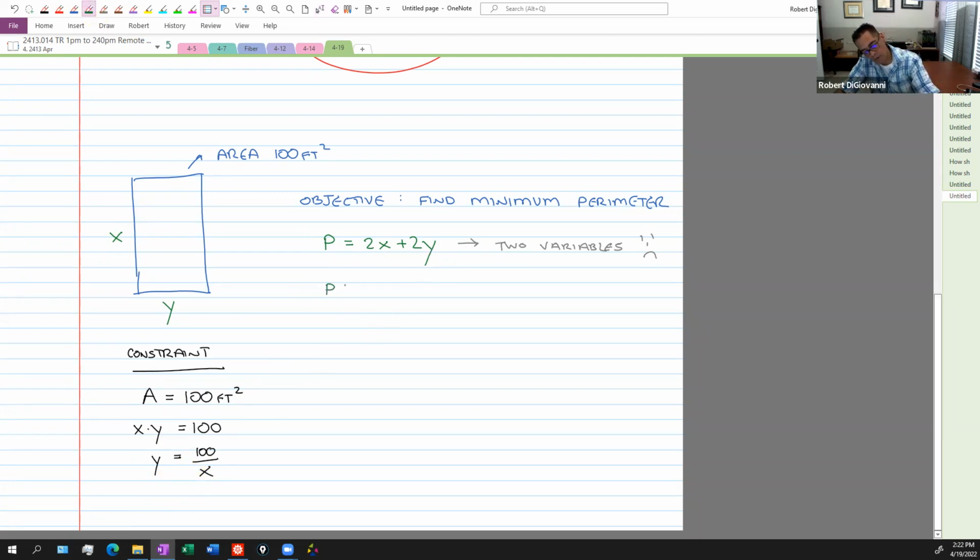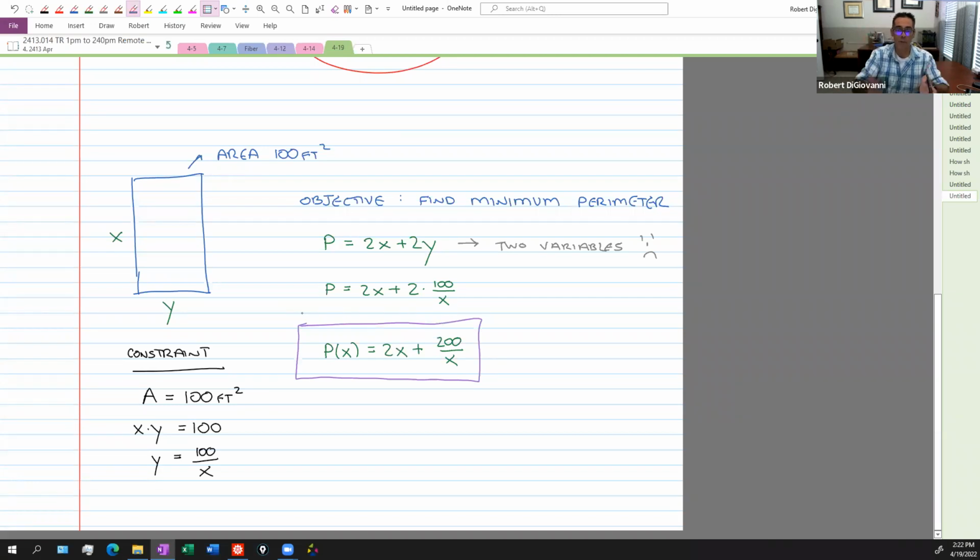So the perimeter is now 2X plus 2 times 100 over x, which means that the perimeter is now a function of just one variable. It's 2x plus 200 over x. My perimeter now only needs one variable in order for me to determine what it is. Questions?